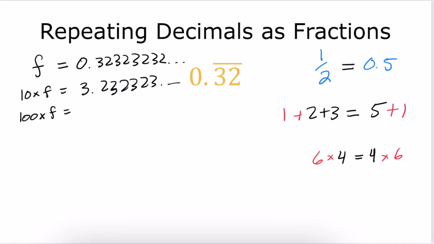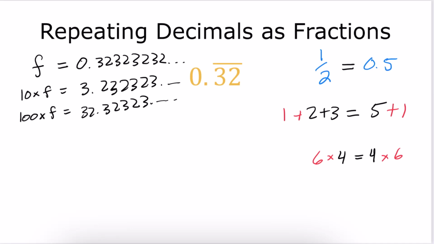And they would end up with 32.323232, etc. And you'd say, okay, cool. So I have the mysterious fraction that we don't know, but we called f, is equal to 0.32323232. 10 times that mysterious fraction is equal to 3.232323. 100 times the mysterious fraction is 32.323232.